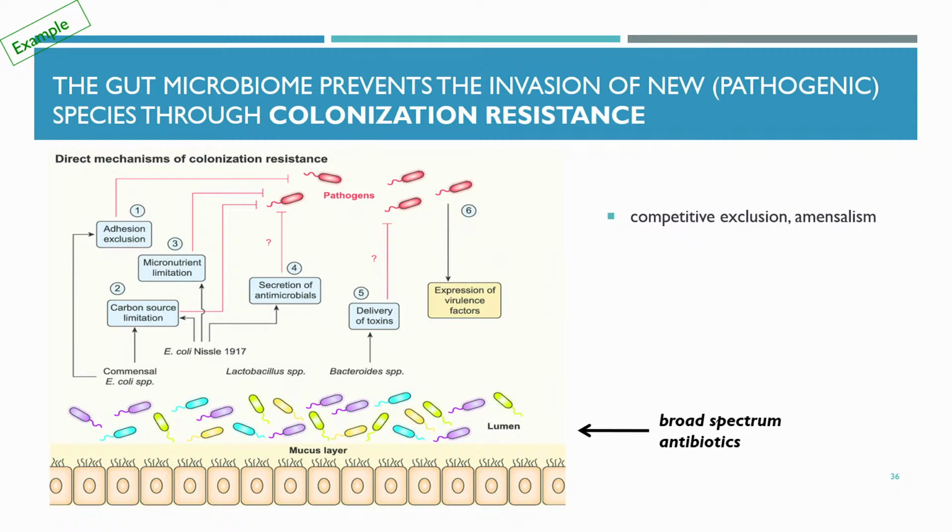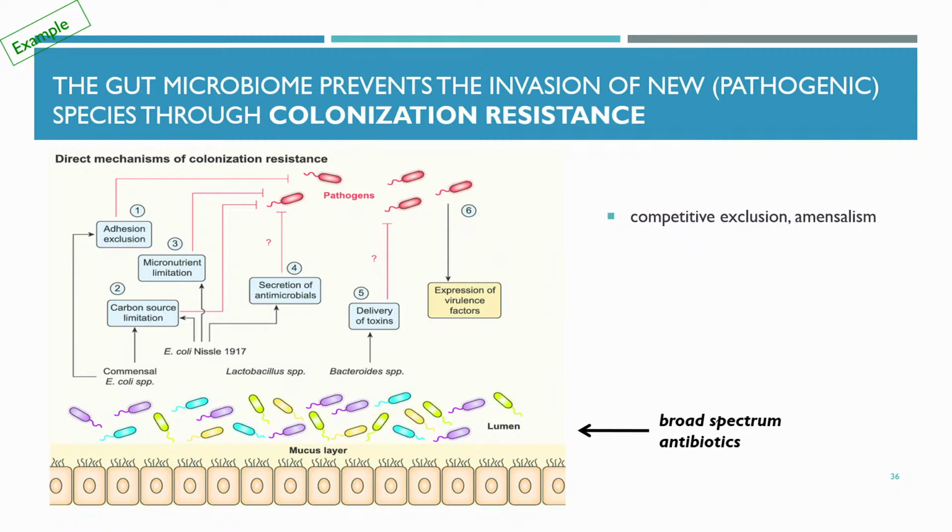They don't allow something else to come in. They also limit carbon sources and nutrient sources, so pathogens that will thrive on certain things can't, because these are limiting those certain things.